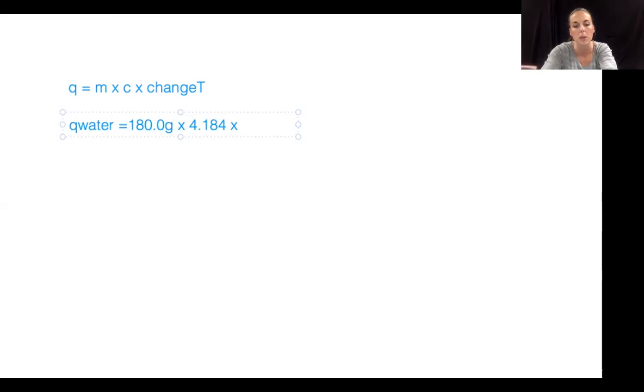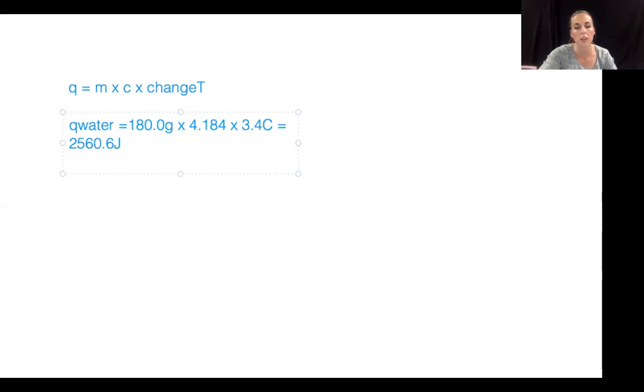Remember, it's change in temperature, not actual temperature. So 3.4 degrees Celsius. We'll put that in the calculator, 180 times 4.184 times 3.4. And I'm going to get 2,560.6, and that's joules. That's how much energy the water gained.